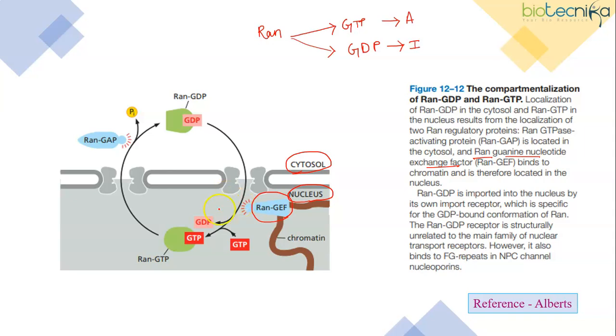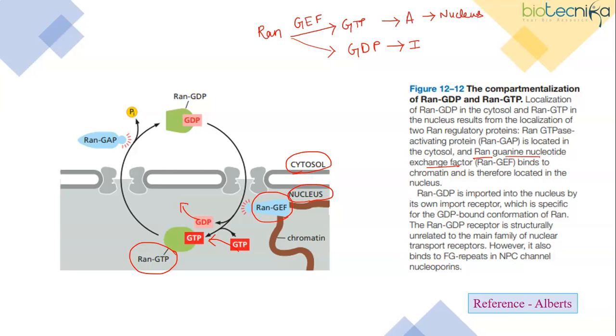What is the exchange? GDP is going out and GTP is coming in. So we are getting RAN-GTP, which is the active form. Remember, RAN-GTP formation is catalyzed by GEF and the process takes place inside the nucleus.